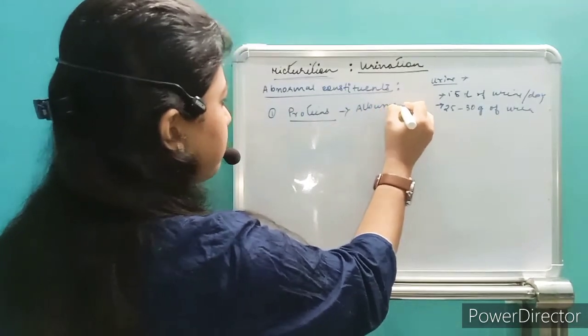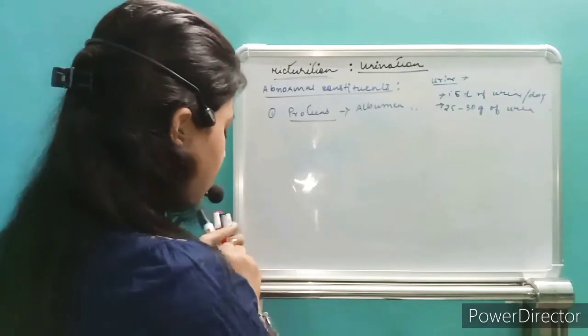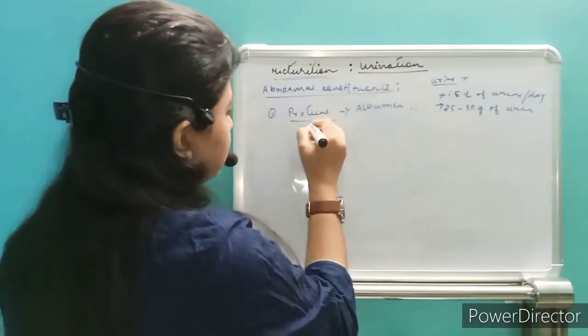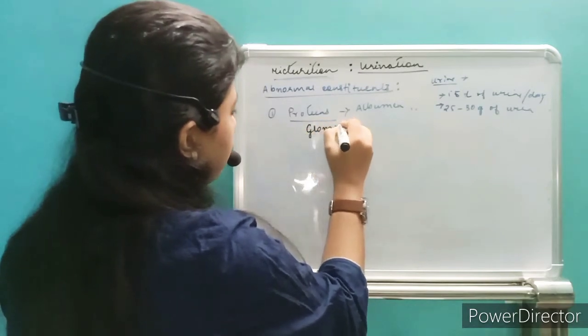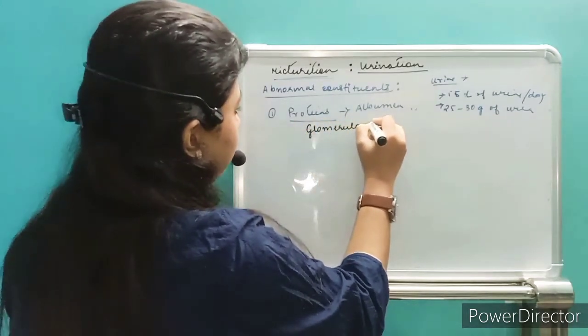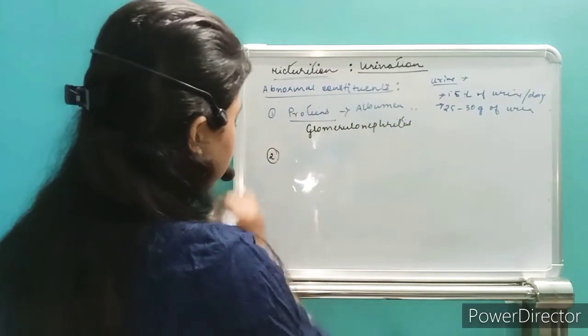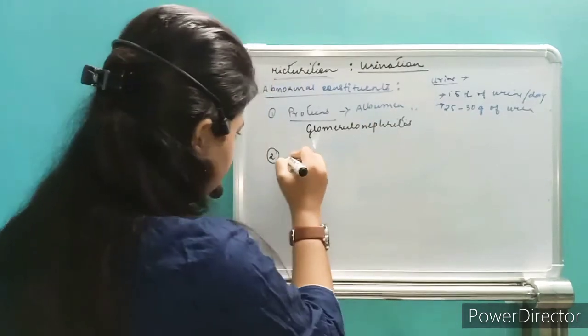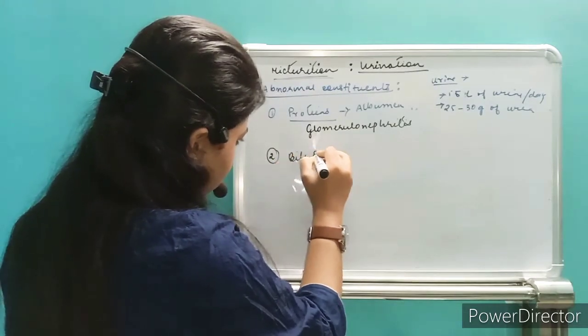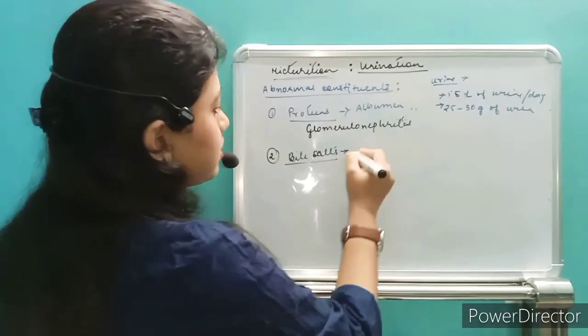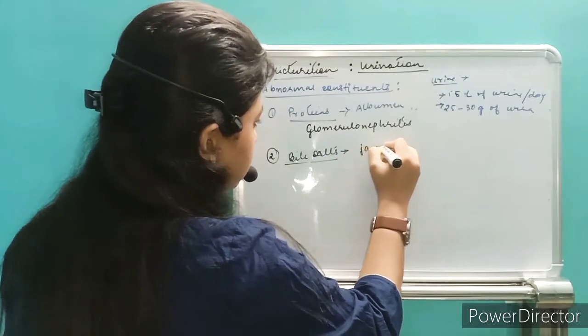If albumin is present, that means it is a condition of disease, actually called glomerulonephritis. Next, another condition we can have is bile salts. If different bile salts are present, then maybe it is a condition of jaundice.